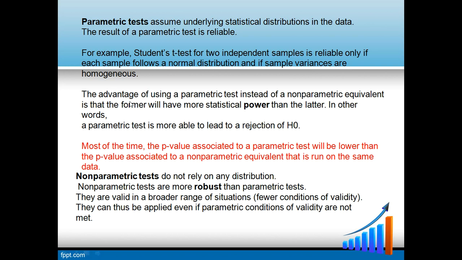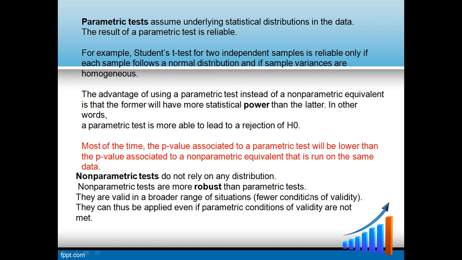The advantage of using a parametric test instead of a non-parametric equivalent is that the former will have more statistical power than the latter. In other words, a parametric test is more able to lead to a rejection of H0. Most of the time, the p-value associated with the parametric test will be lower than the p-value associated with a non-parametric equivalent run on the same data. Non-parametric tests do not rely on any distribution.